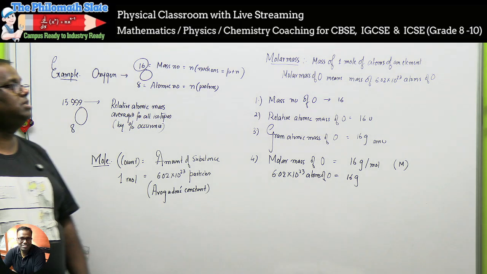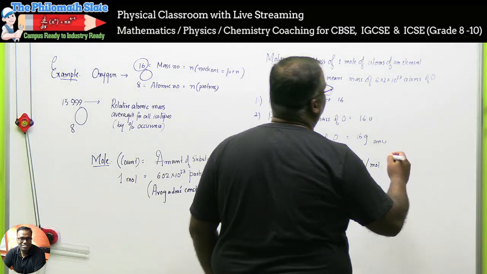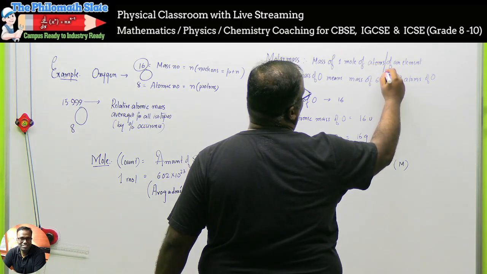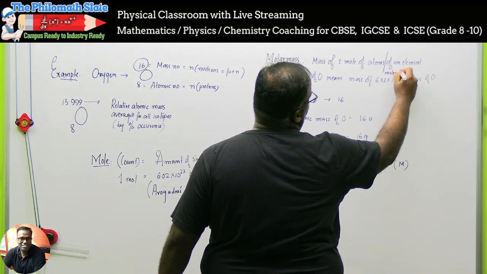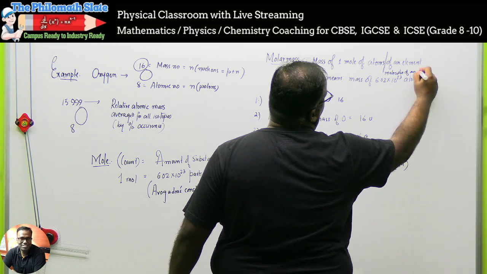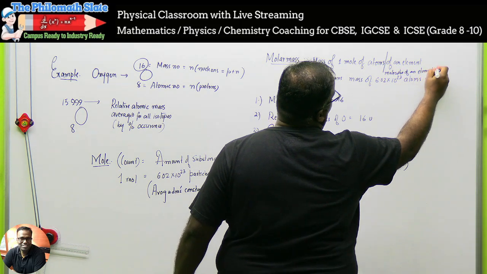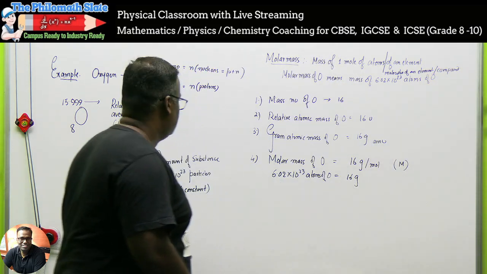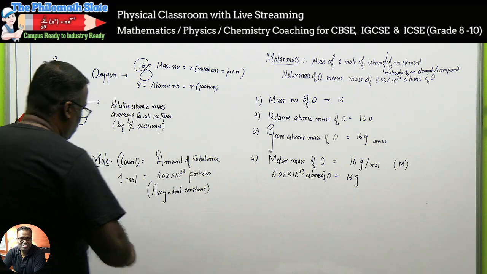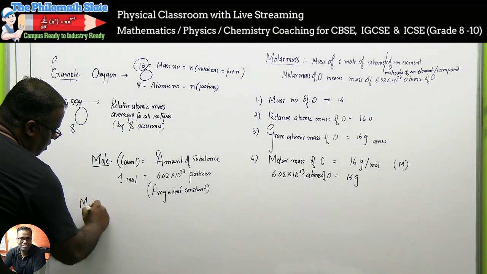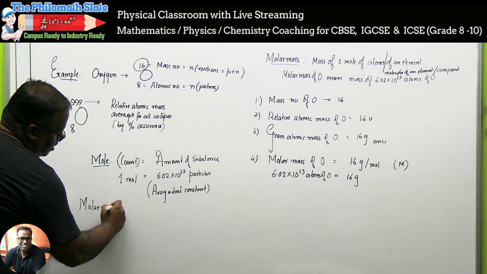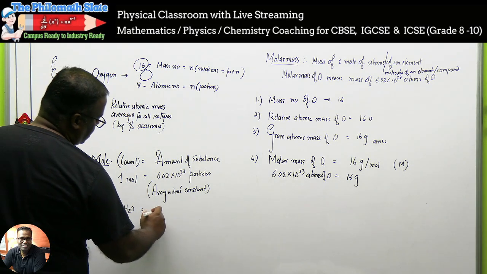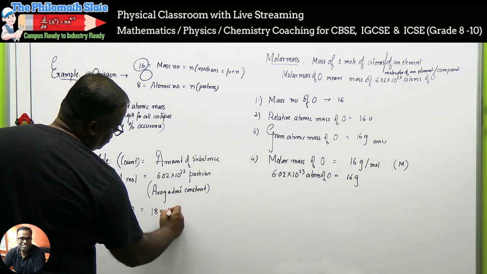Now the molar mass can be of 1 mole of atoms of an element, or it can also be for 1 mole of molecules of an element or compound. So let's understand this again. Say I ask you, what is the molar mass of water? You say, sir, the molar mass of water is 18 grams per mole.